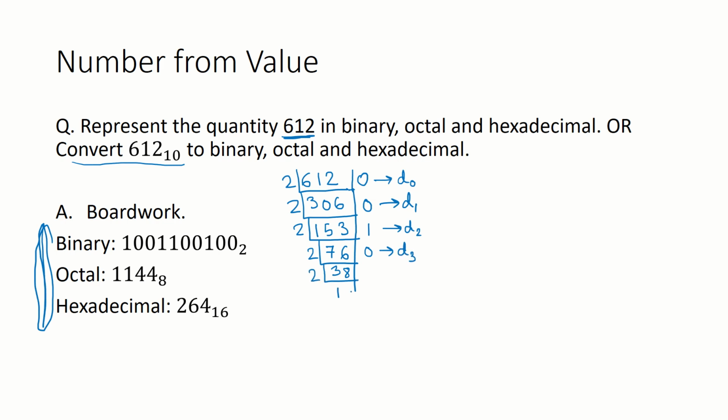Then 19, no remainder, D4. Then 9, 1 remainder, D5. Then 4, 1 remainder, D6.